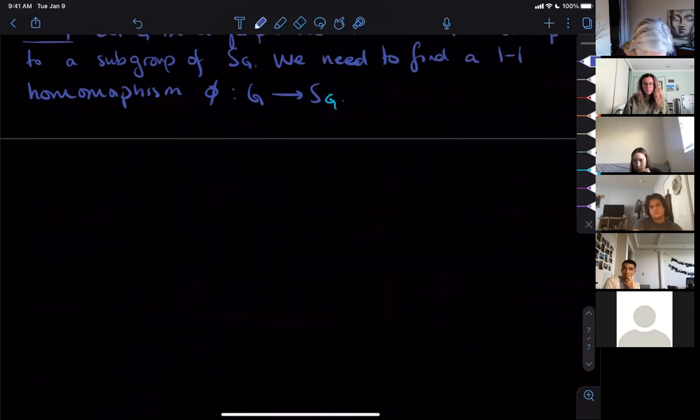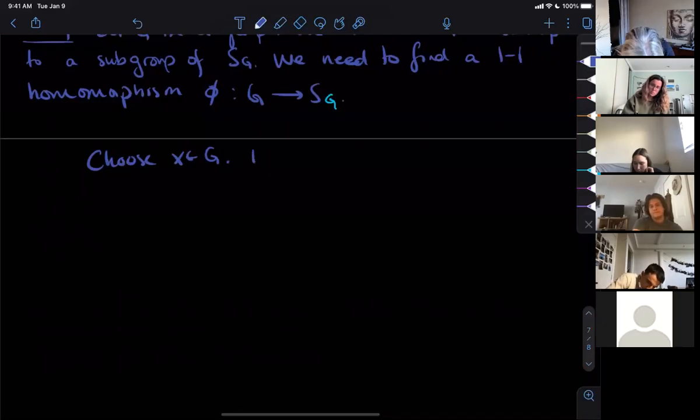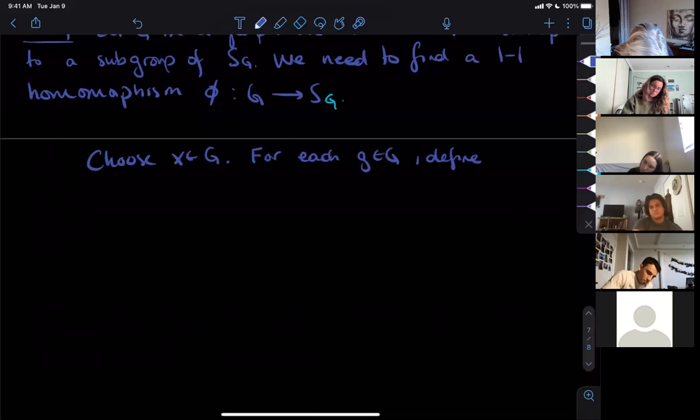So choose a fixed X, not X, sorry, in G. For each little g in G, define lambda X of g to be X times g.